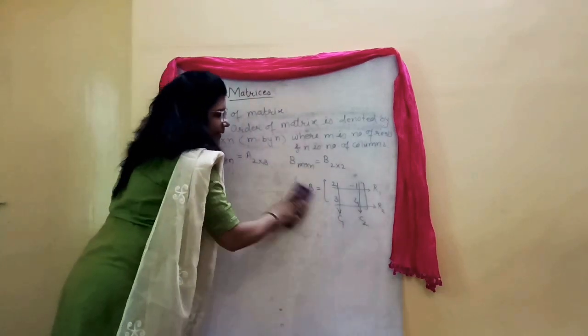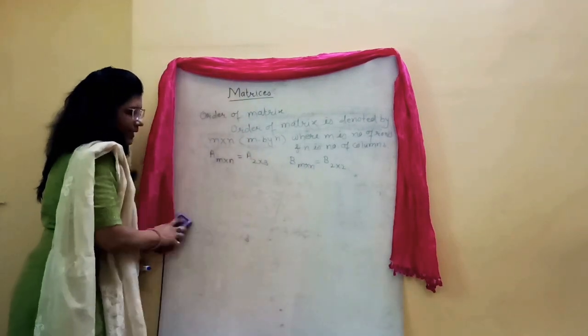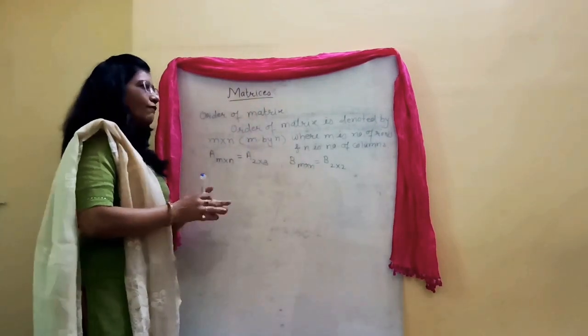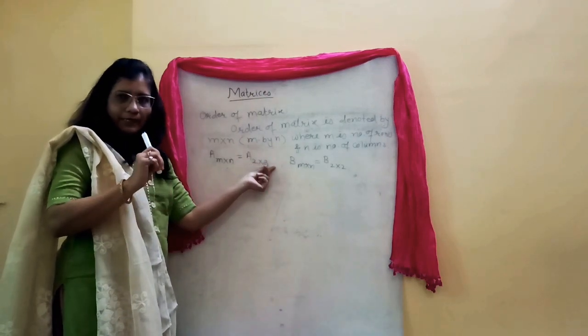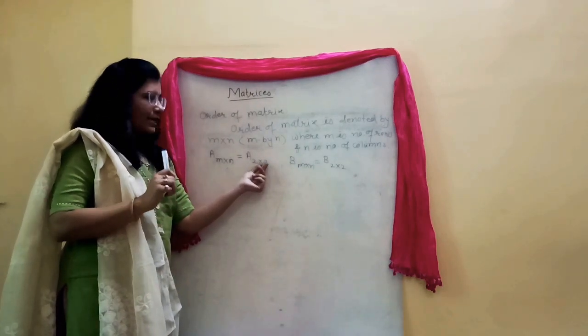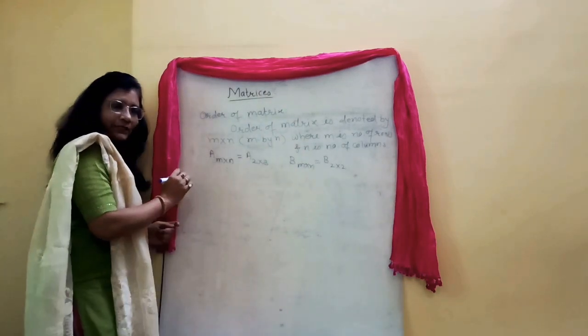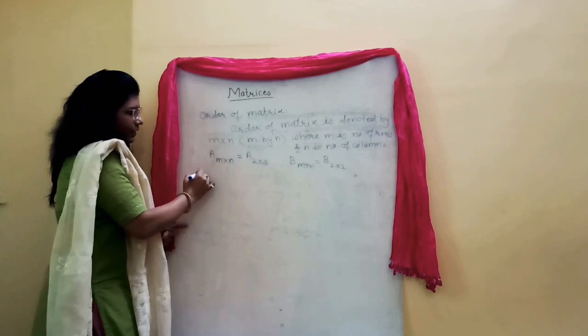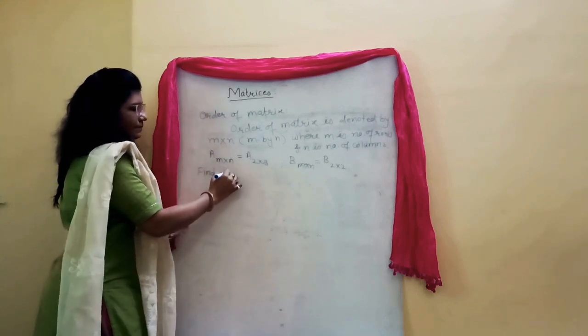While writing the order of matrices, we must remember that the number of rows is written first and the number of columns afterwards. Okay, so can you find the order of the following matrices?